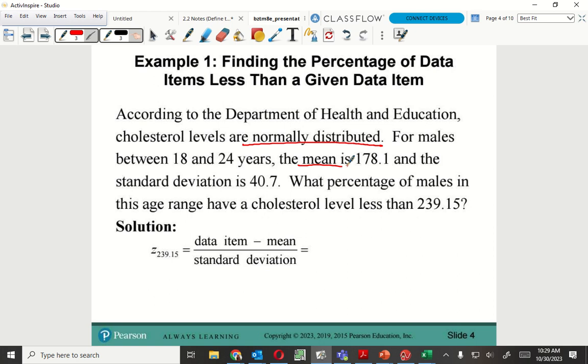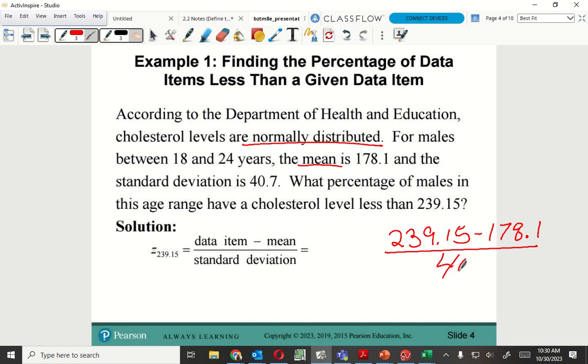What percentage of males in this age range have a cholesterol less than 239.15? Let's go ahead and figure that out. So mathematically, I'm going to take my data item, which in this case is 239.15, minus my mean, 178.1, divided by the standard deviation, 40.7.